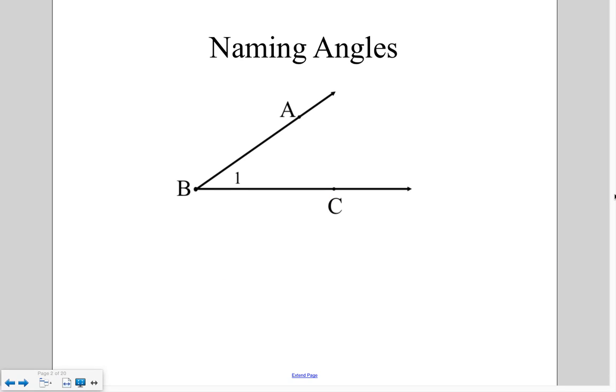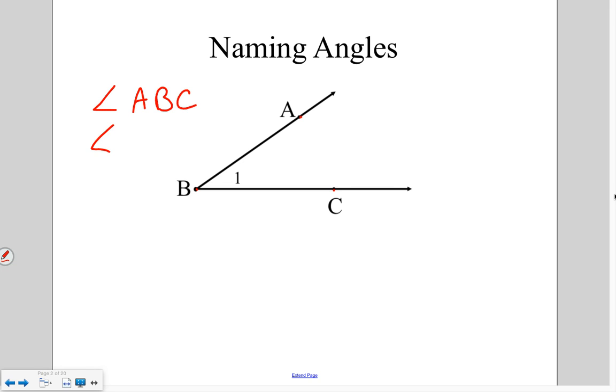Naming an angle. There's a variety of ways to name an angle. The main way, if you're given points on the angle, would be to make a little angle symbol and then name it using 3 points. You've got to make sure the middle point is the vertex. So angle ABC.